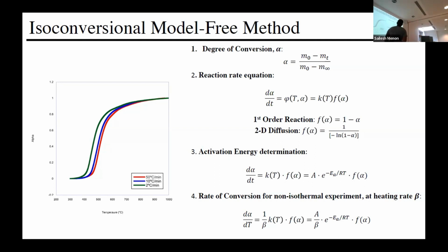First, we determine the degree of conversion, alpha, which is essentially the mass loss in percentage form from 300 to 1,000 degrees Celsius. M sub 0 is our initial mass, M sub T is our mass at that time, and M sub infinity is the final mass.